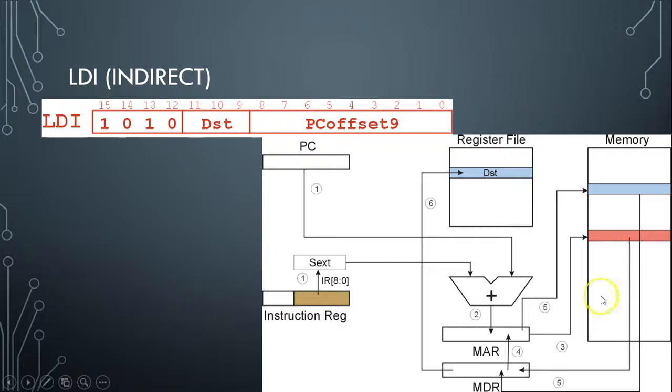And after that, we have our nice big jump out here, which goes into the destination file. Because you see, MDR feeds back to the MAR, feeds back to memory. Memory cycles back around to MDR, which of course ends up in the destination file. And if you look here, our opcode this time is 1010.